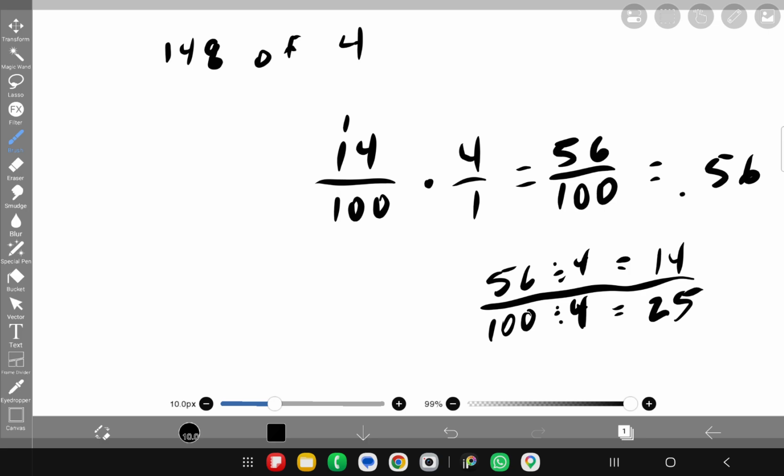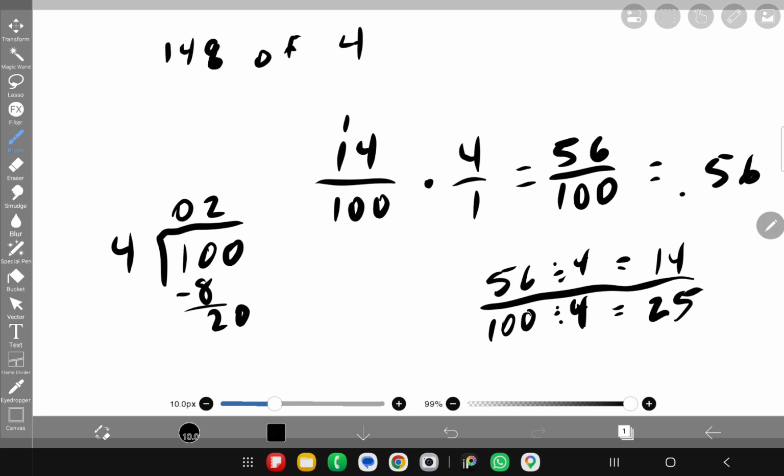Now, if you are not American, you can also do this by just taking the 4 into 100, 4 into 100, 1 is 0, 4 into 10 is 2, so you have the 8 down here, and then you get a 2, 0. 4 into 20 is 5.